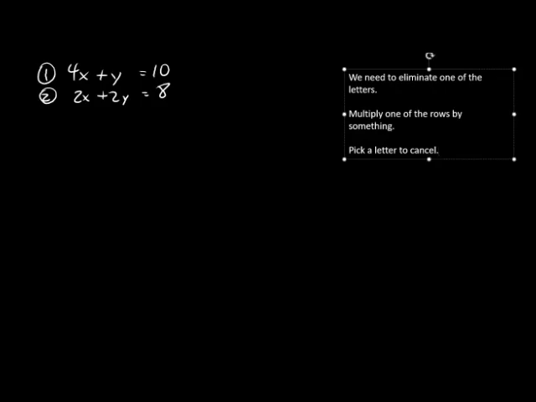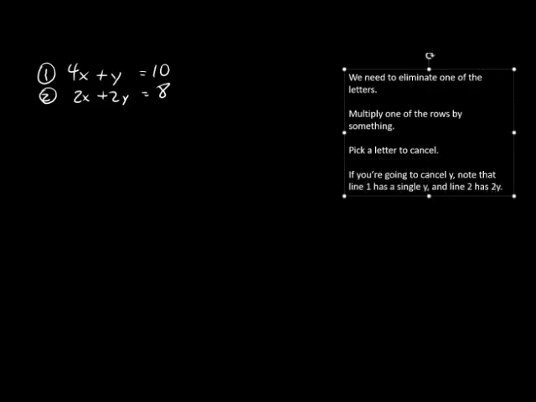Either letter is going to be possible here, so arbitrarily, I'm going to pick y to cancel out here. Notice that line 1 has a single y and line 2 has 2y. We have to ask ourselves, what could we multiply line 1 by to make the y's cancel each other out?